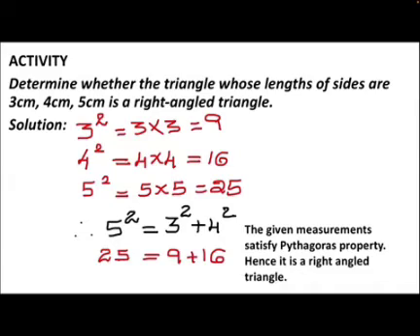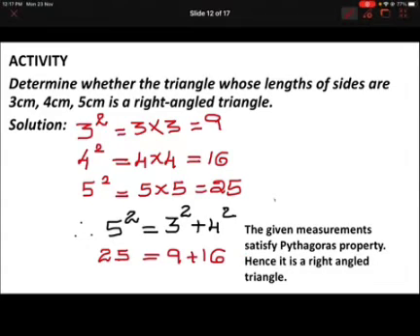Likewise, we can have many more measurements. These three measurements, that is 3, 4 and 5, if they satisfy Pythagoras property, then they are called Pythagorean triplets. What is the spelling?